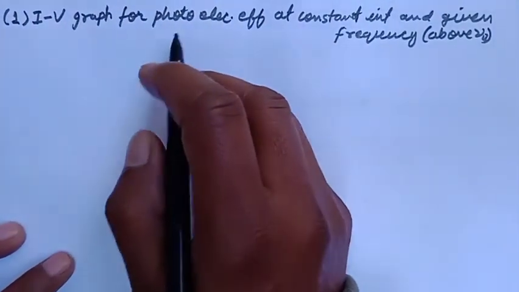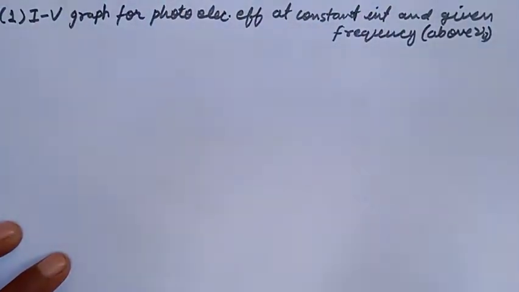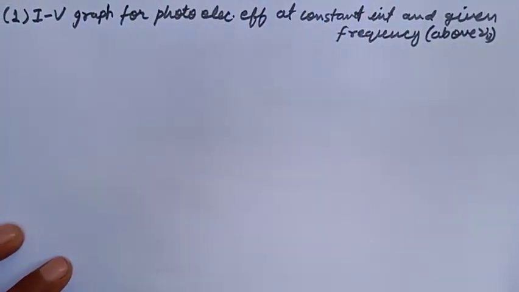Each time I will mention that, but if in some case I do not mention it, it should be considered that I am talking about a frequency above the threshold frequency.